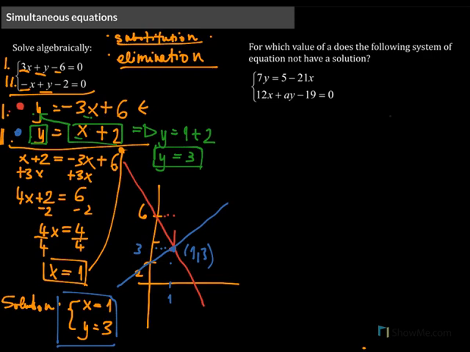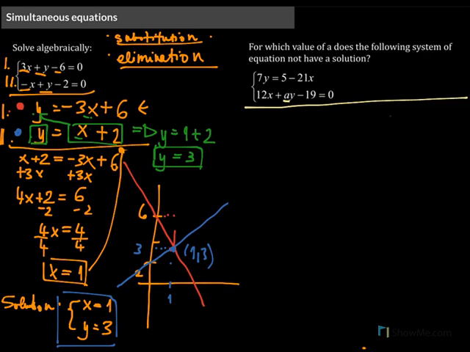The second question on simultaneous equations looks a bit more challenging. I have x, y, and a parameter a, and the question is, for which value of a, this parameter a, does the following system of equations not have a solution?